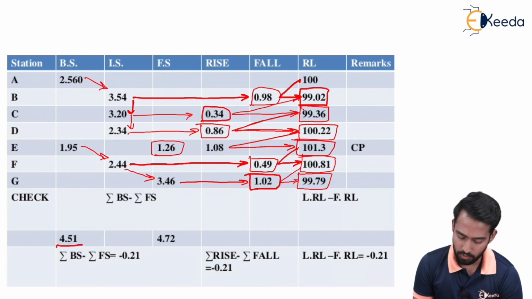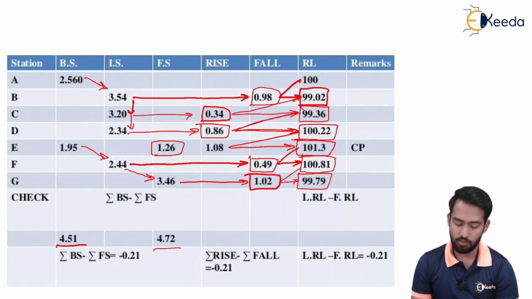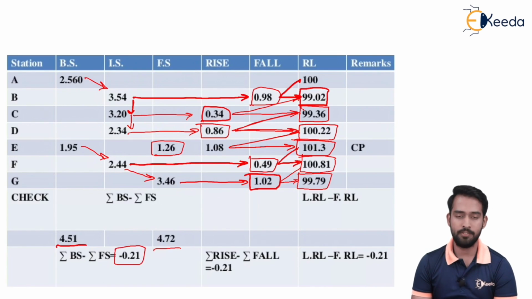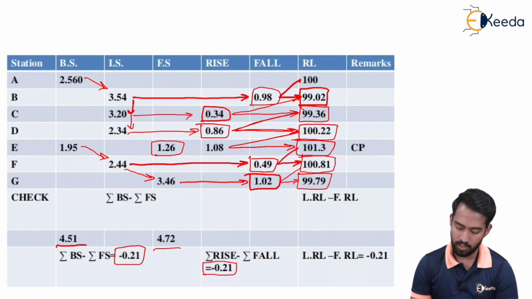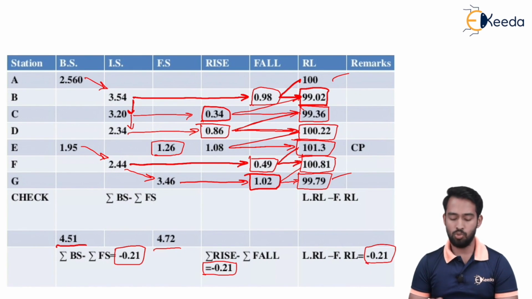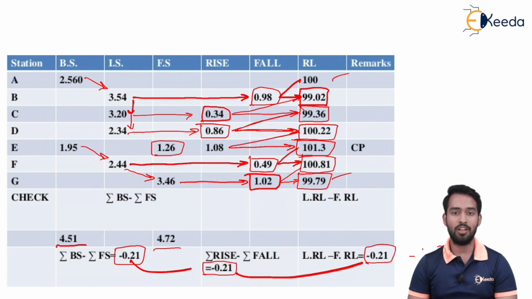So summation of BS 4.51 minus summation of FS 4.72, the answer is minus 0.21. Next, summation of rise minus summation of fall, the answer is minus 0.21. And last RL minus first RL, the answer is minus 0.21. So as we got all three checks equal, we can say our calculations are okay.